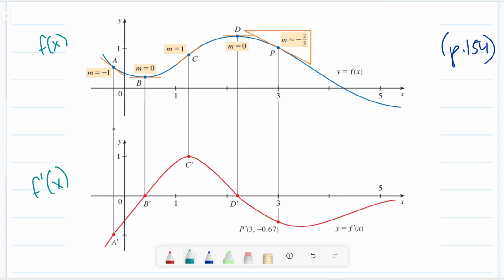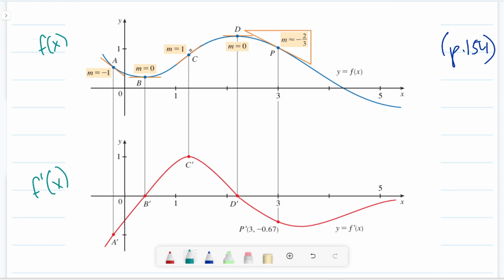This means in the graph down here where we have the derivative at point A, it's negative. You see this is 0, this here is 0, it's below 0, it's negative. Now let's look at point B where the slope of the tangent line, the tangent is horizontal, so the slope is 0. So in the graph of the derivative, the point here is 0.